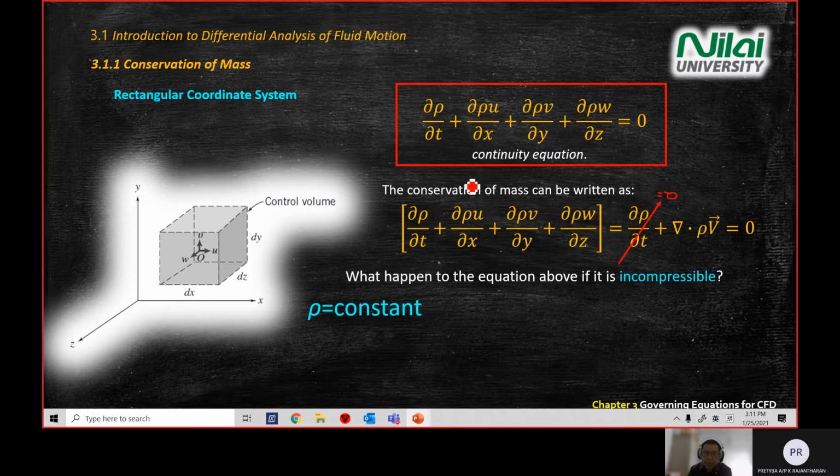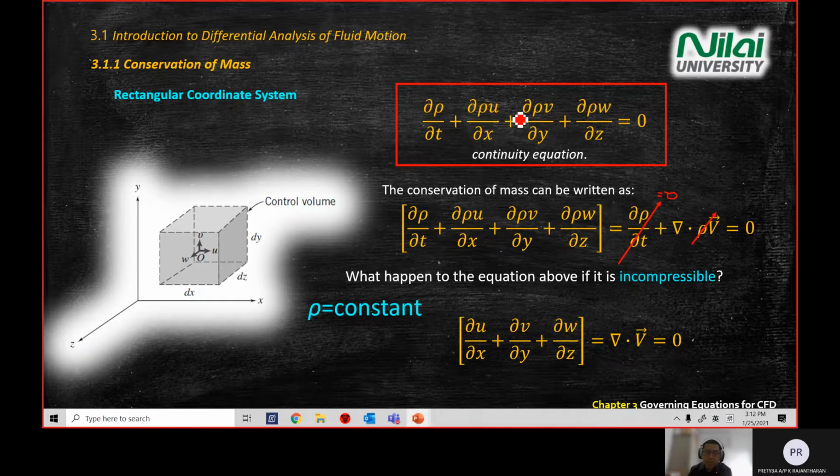Then the conservation of mass equation will reduce only to the differential equation for x, y, and z direction. The rho you can take out. So when it's incompressible, the conservation of mass will reduce to this form, only x, y, and z changes in the velocity terms.